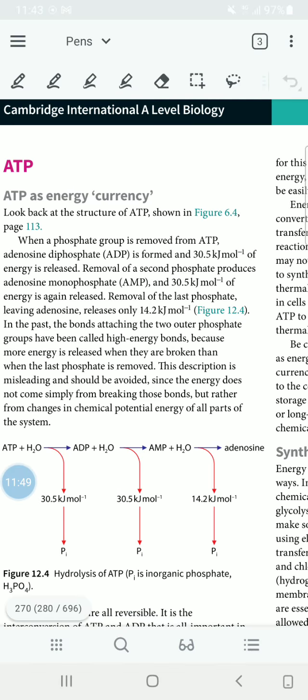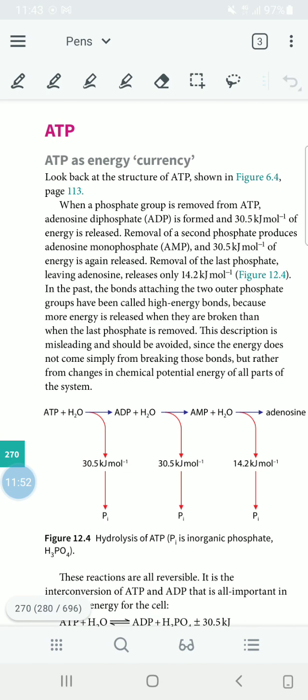Let's write a note on this. ATP as energy currency. When phosphate is removed from ATP, ADP is formed, which releases 30.5 kilojoules per mole energy.